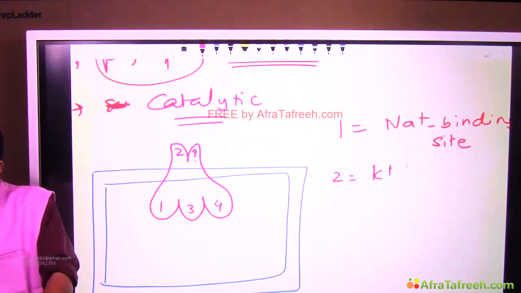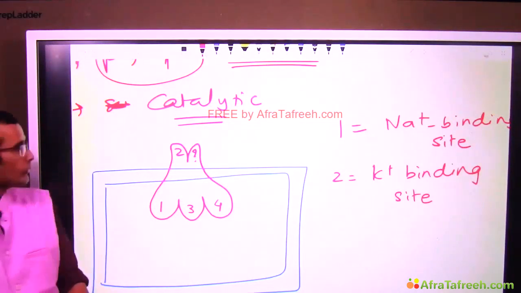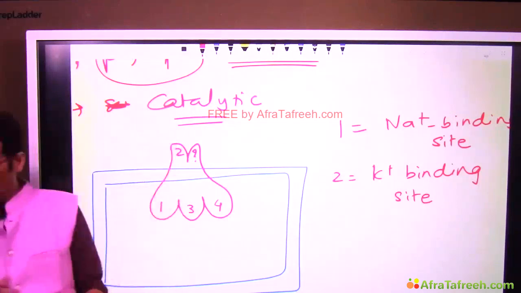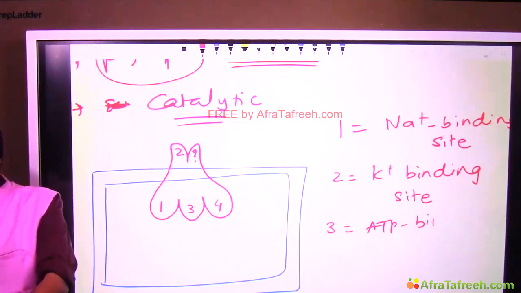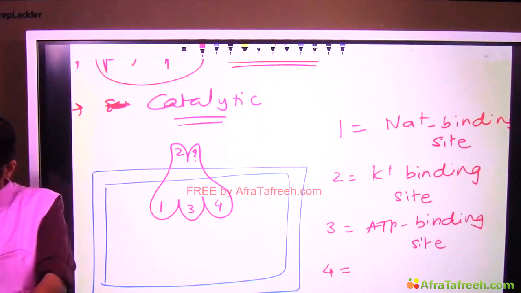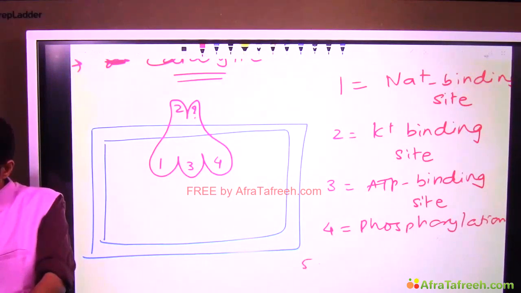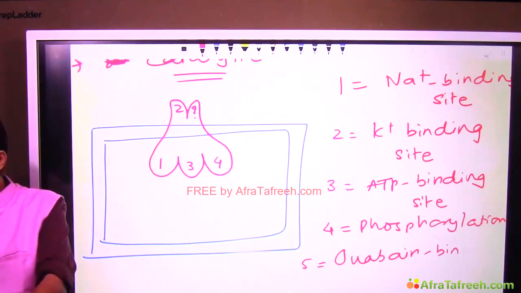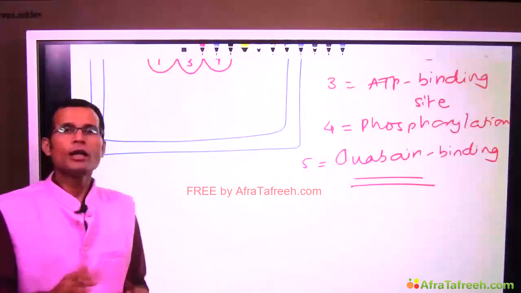Number 2 is potassium binding site, which is facing the extracellular aspect of the pump. 3, ATP binding site. Number 4 is phosphorylation site. And number 5 is Ouabain binding site. So these are the 5 binding sites on the alpha subunit.